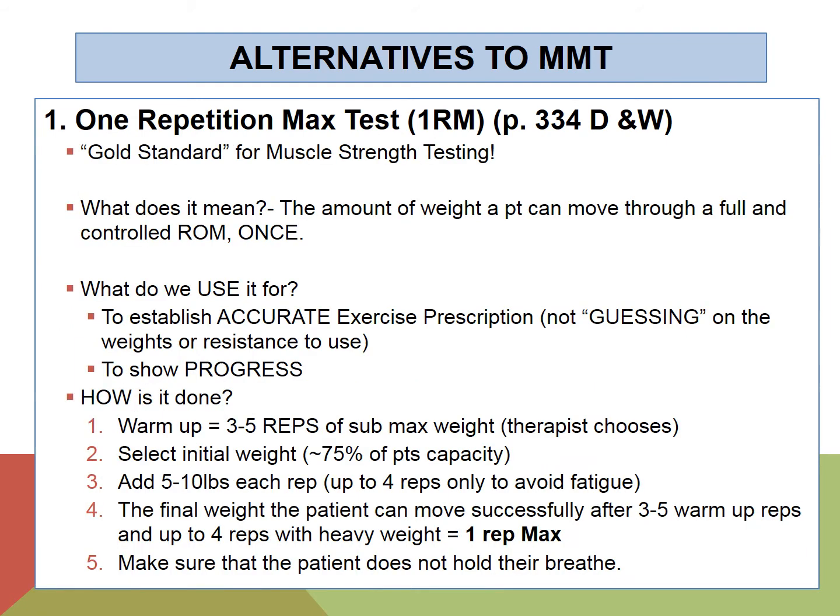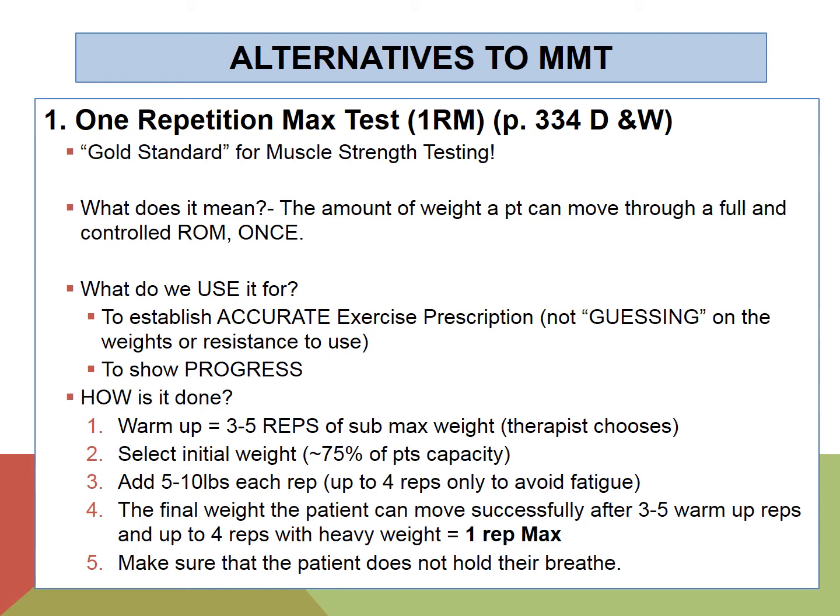If you're looking at measuring pure strength, then the 1 repetition max test is the gold standard for muscle strength testing. Yes, even more so than manual muscle testing, because if performed correctly, you will get an objective number of the amount of weight that the patient can lift, and it will not be left to interpretation of knowing how much resistance you provided for that patient.